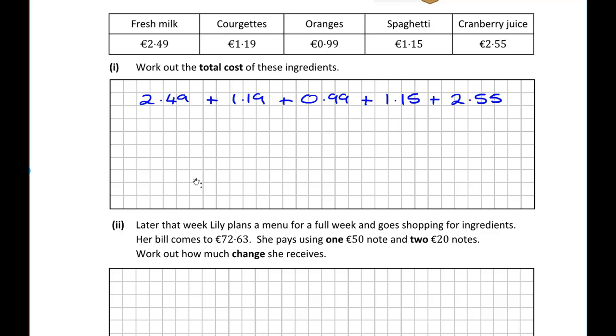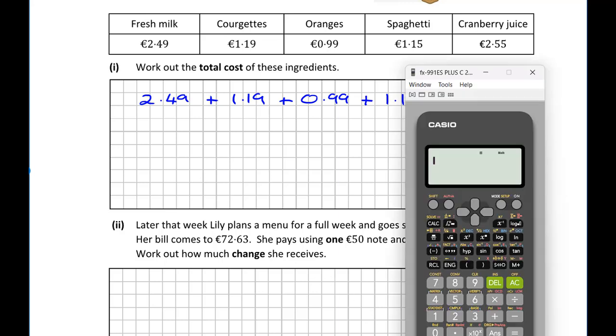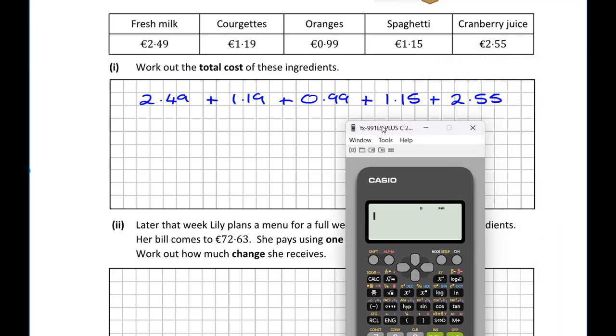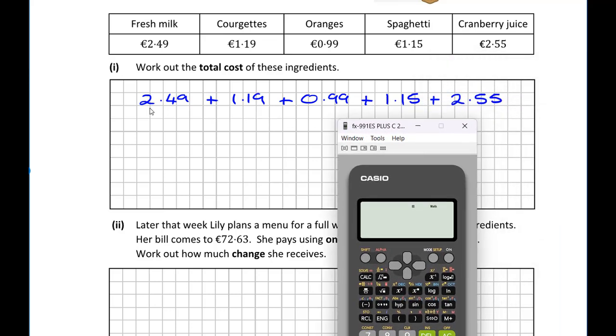All right, the best thing to do here is to use your calculator. Now, if you didn't want to do that, you could do it in your head, mental maths, but I would not advise that. So you kind of have an estimate. So 2.49 and 1.19 is 3.68.